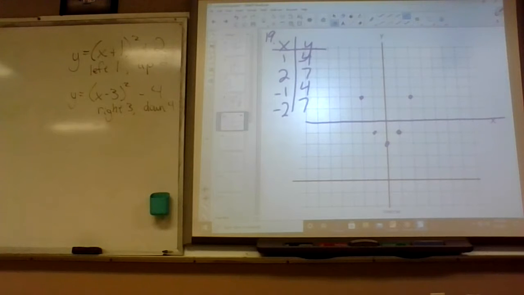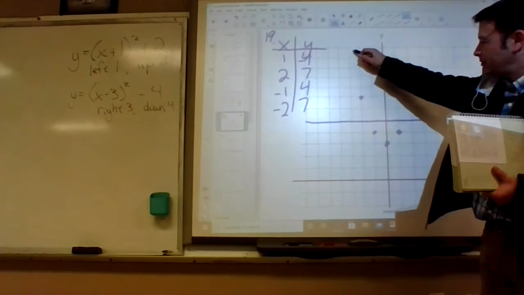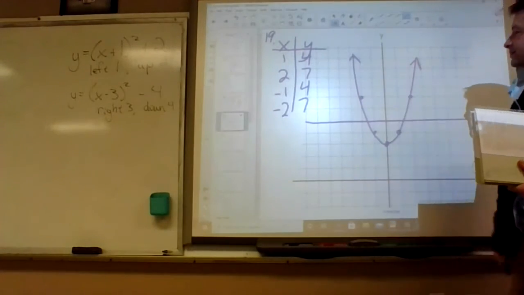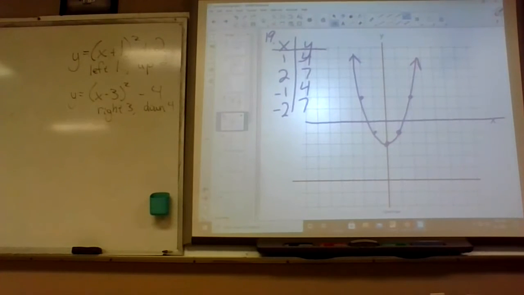How'd you get 1, that's a 4? Oh, from the bottom line. I moved the bottom line down, the x-axis. You're not starting from 3, you're starting like a normal graph.